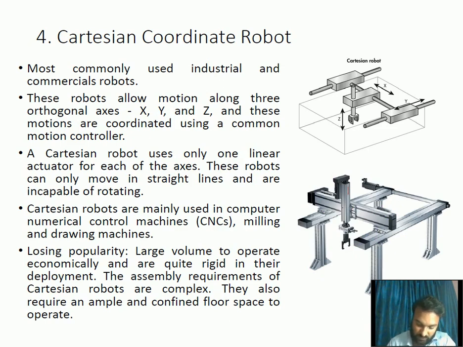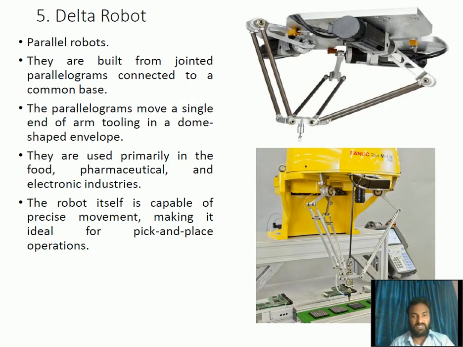So next is the Delta robot. This one utilizes parallelograms. Here it has three parallelograms, 1, 2, 3, and along with each parallelogram there is one link, another with this link and another link.